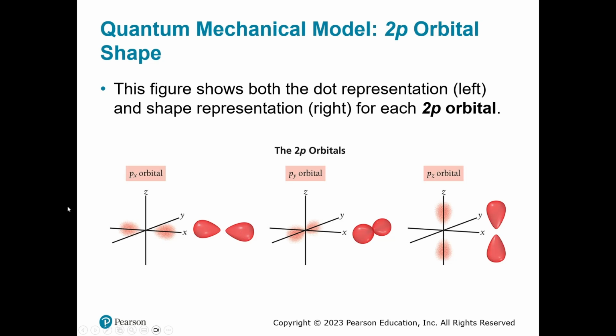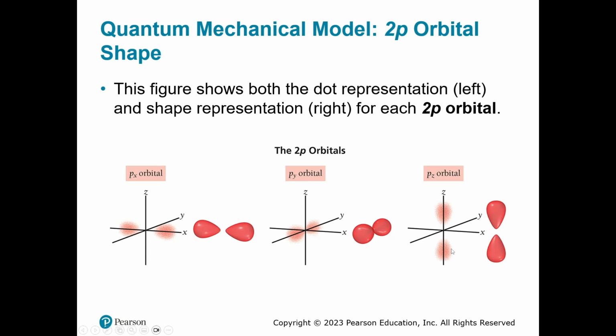We have three distinct p orbitals because we can have three mathematical arrangements of this shape that do not interact with each other. We could have it along the x-axis, along the y-axis, or along the z-axis. We could combine all three of these mathematical functions and have no coinciding terms.